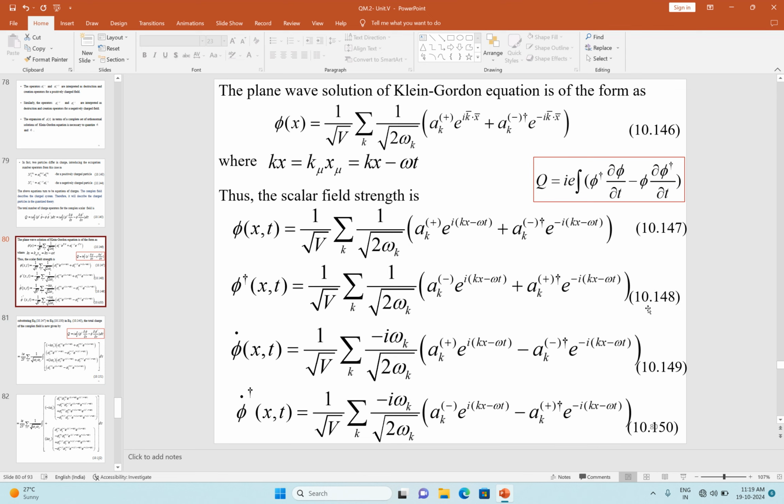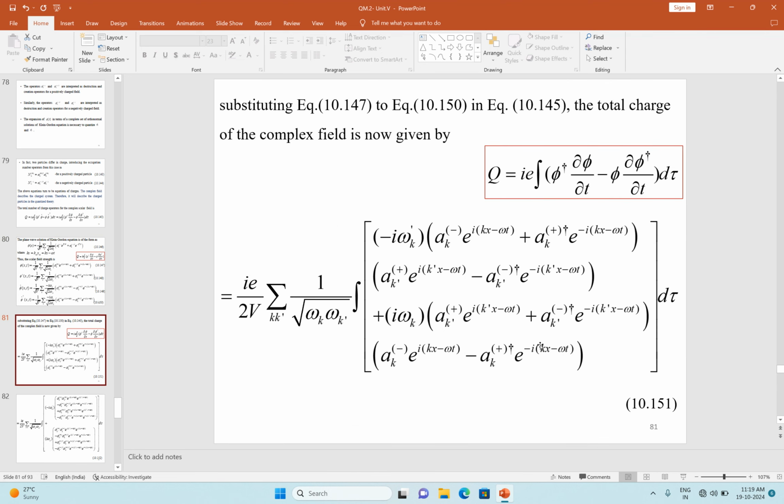So 1 by root V multiplied by 1 by root V gives me 1 by V, and 1 by root 2 omega k multiplied by 1 by root 2 omega k gives 1 by 2 omega k. I have pulled out the 1 by 2.